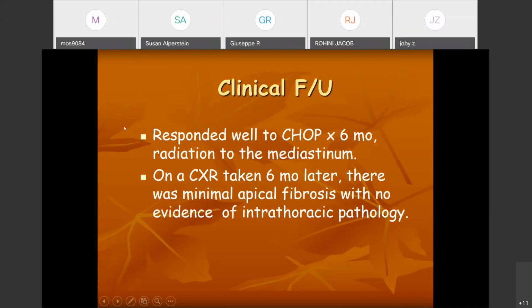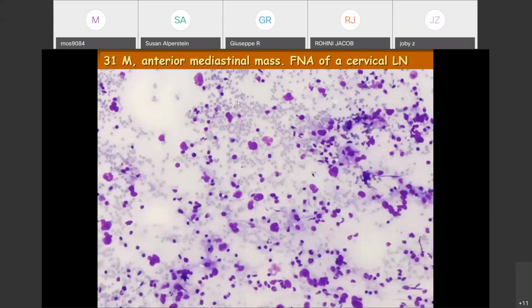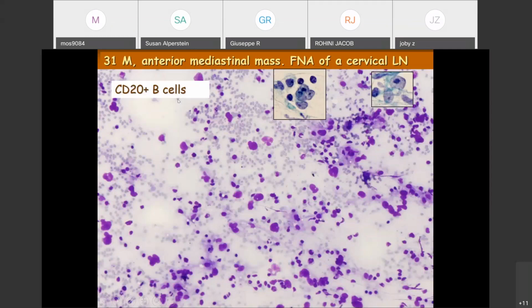I want to share another anterior mediastinal mass, in a woman with an FNA of a cervical lymph node showing those big cells, clearly malignant. So many malignant cells is too much for Hodgkin's lymphoma.